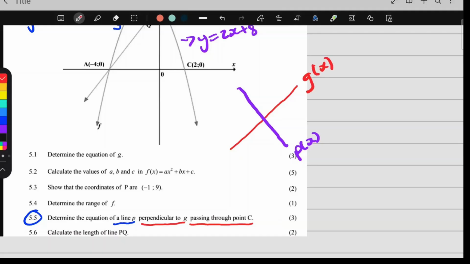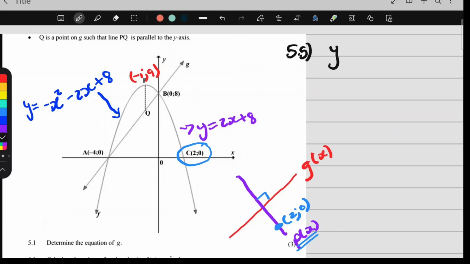They are perpendicular, which means that where they cut each other, the angle is 90. The line P passes through C. The question is, find the equation of P.